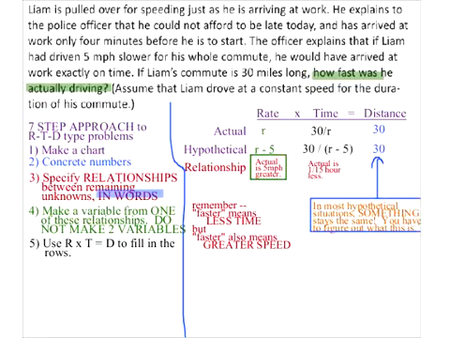There you go. Once you've done this, you should wind up with a relationship that you have not used yet. And what you can do with the unused relationship, the one that's left over, is use this relationship to write an equation.